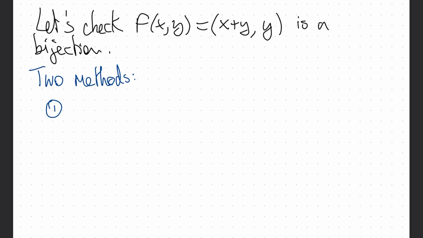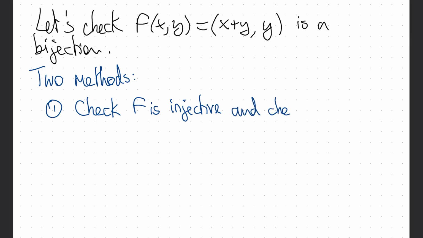For this, we can check first of all that f is injective, and check f is surjective. That's a fantastic way of verifying this. Instead, we're going to look at something else.